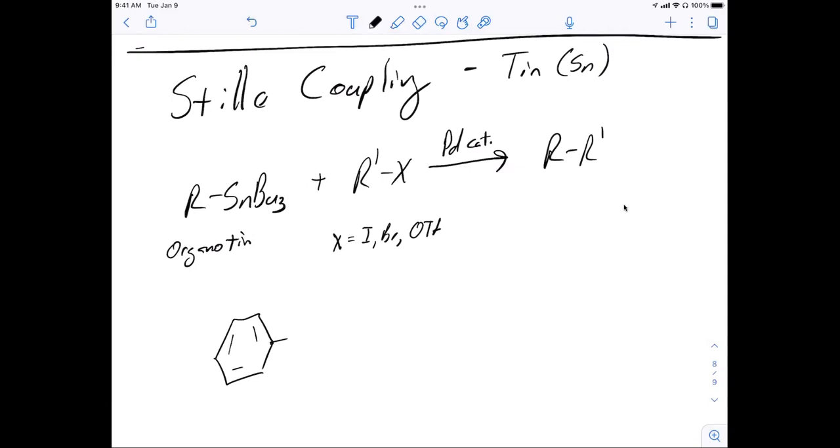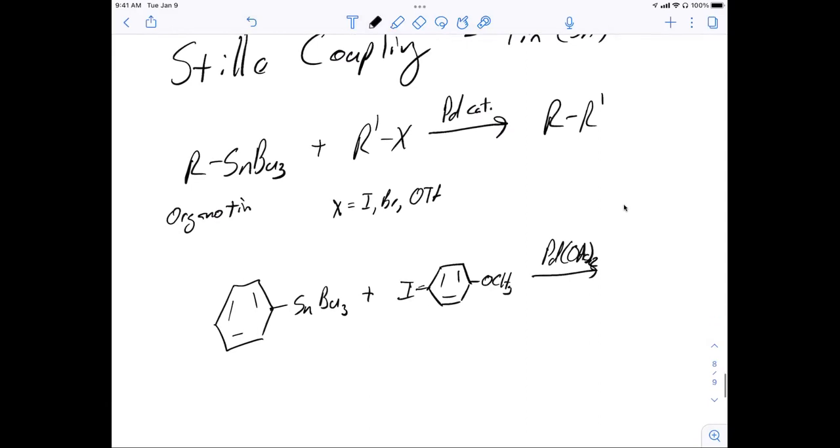The Stille coupling can be used with aryls, with our palladium acetate in this case, right?